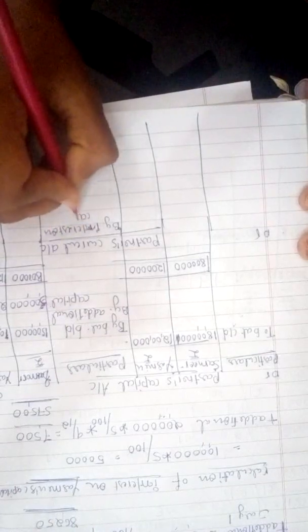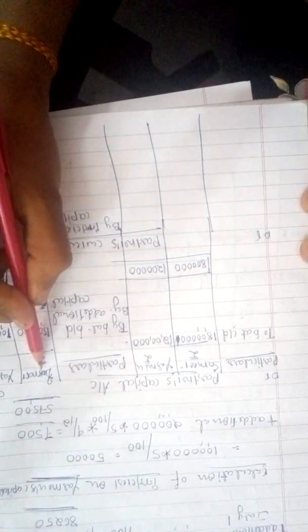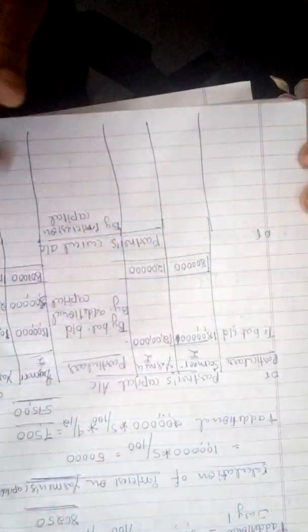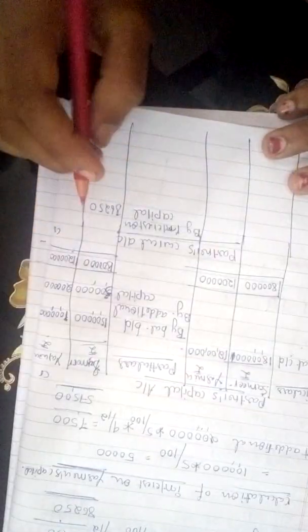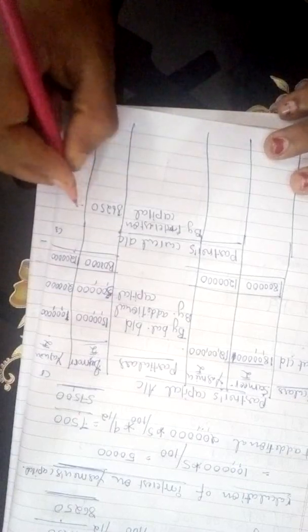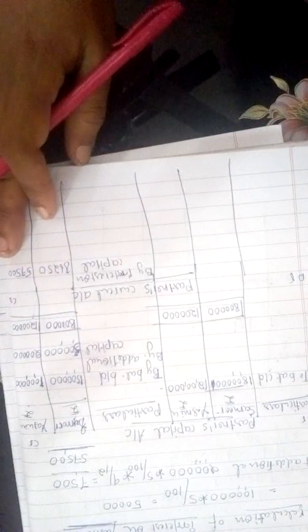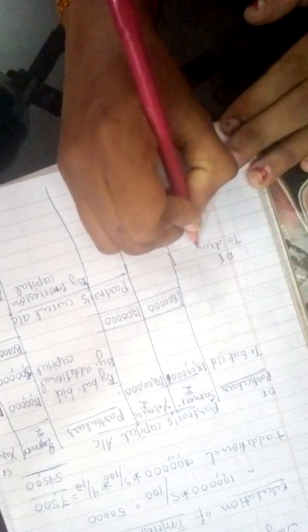This one is Samir's. Samir's interest is how much? 86,250. We have already calculated. Then what is Yasmin's interest? 57,500 over.